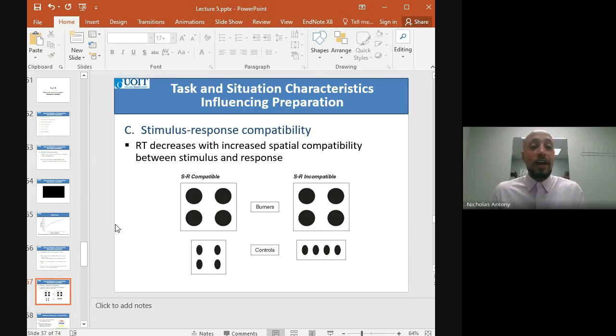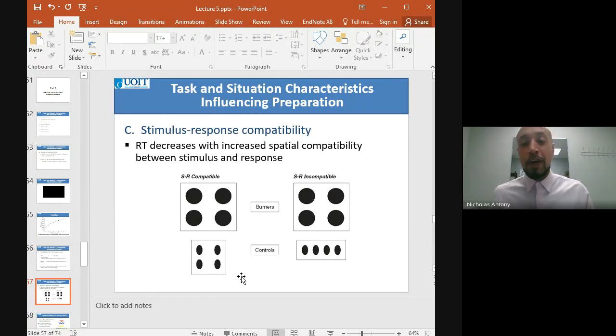How many of you have tried to use someone else's stove? Because the next example of a variable they found influences our reaction time is stimulus response compatibility.